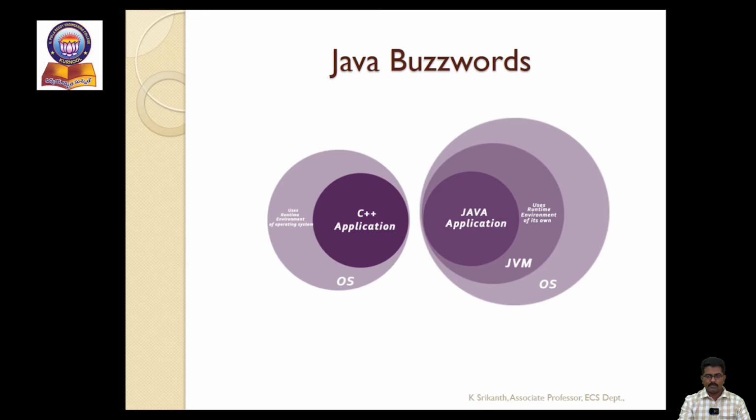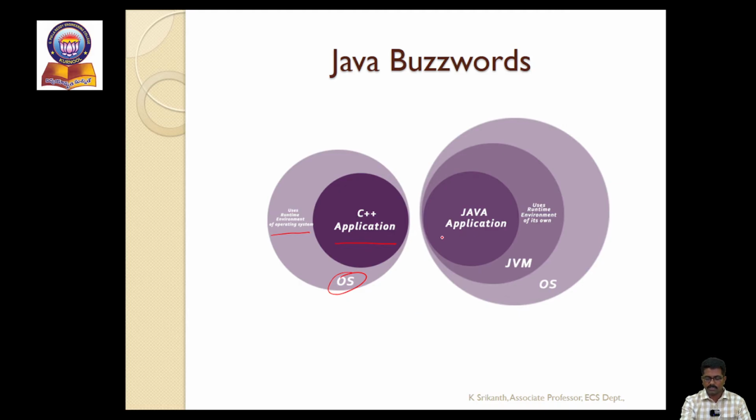And this diagram clearly shows how the Java language is secured. If you see the C++ application, it executes the program directly under the environment of the OS, and there is no intermediate platform to make it secure.